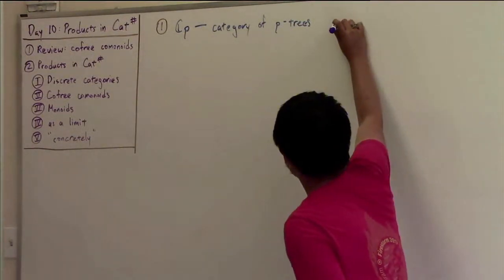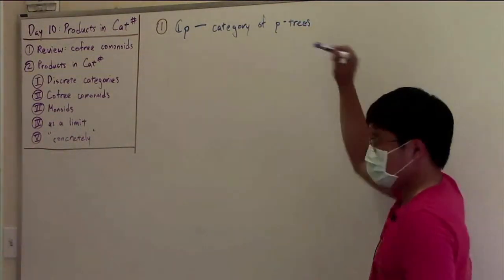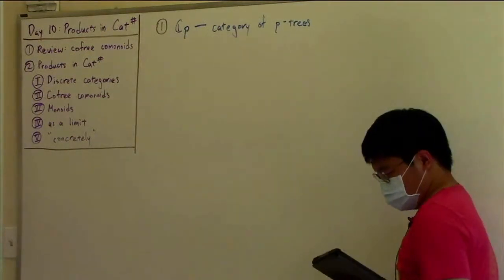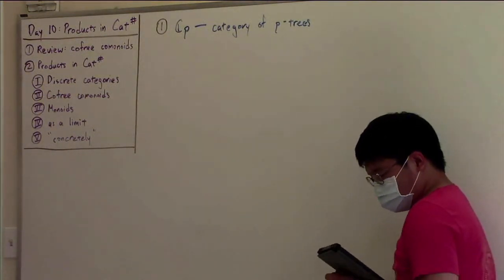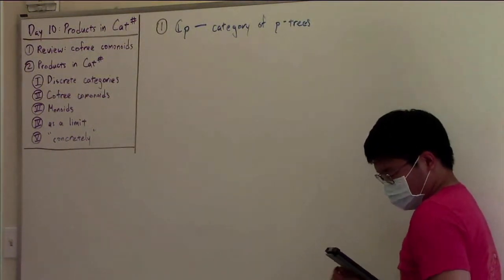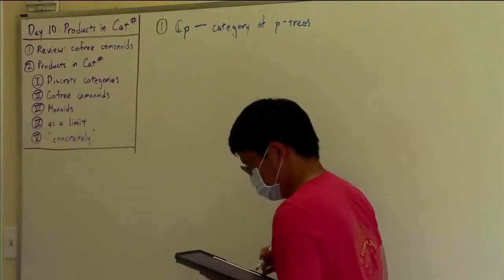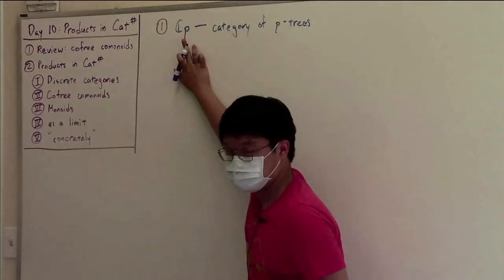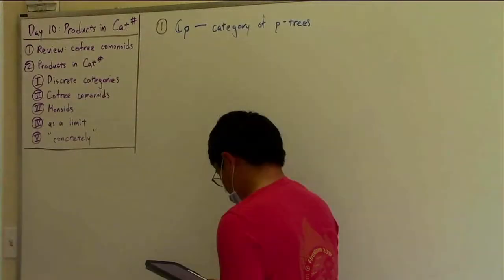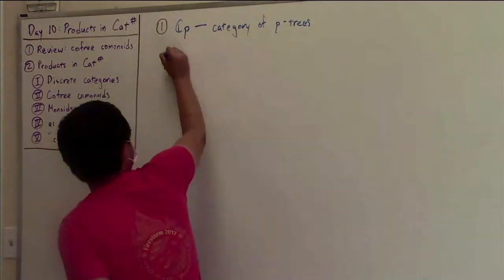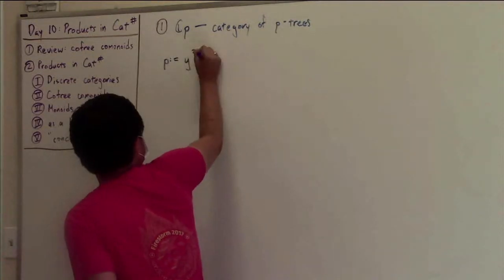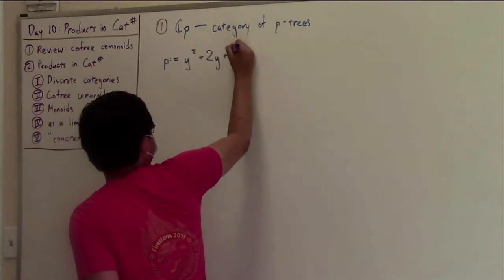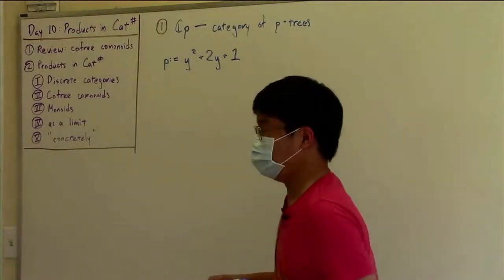Well, I like to think of it as the category of p trees, where the objects are what we call p trees. These are trees built up of the corollas from p. So for example, let's say p were y squared plus 2y plus 1, and you might remember this example from day 2 when I was explaining this a little more.